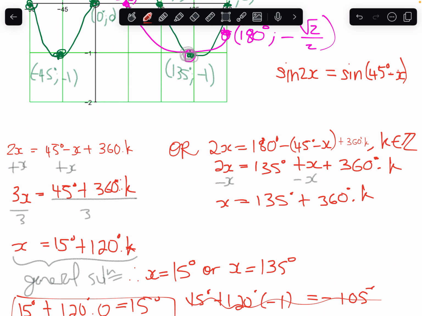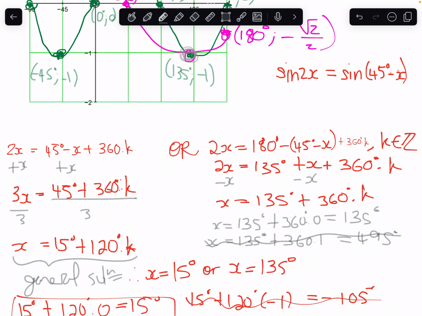so yeah, we can see that the solutions we're getting out of that are x is equal to 135 plus 360 times 0, okay, which gives us just 135, which we've already gotten, or x is 135 degrees plus 360 times 1, that's going to be too big. That is 495, so that is too big.